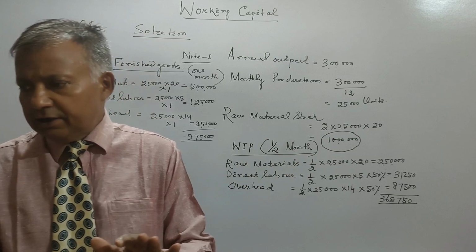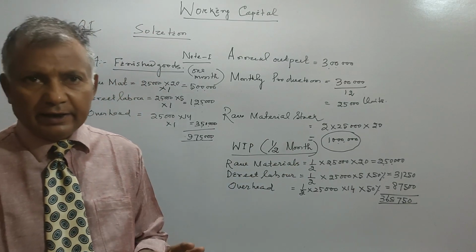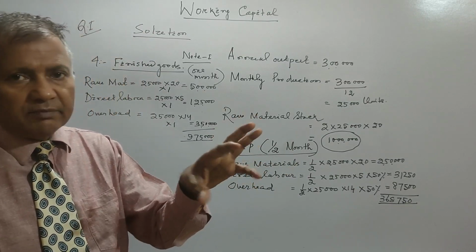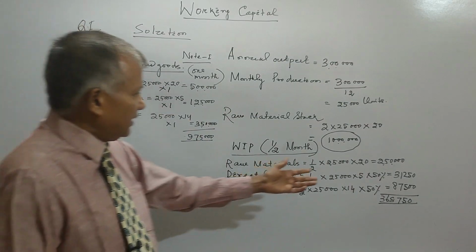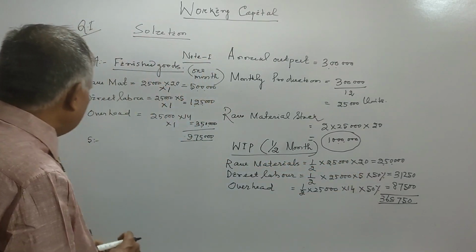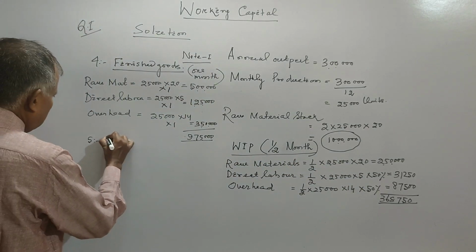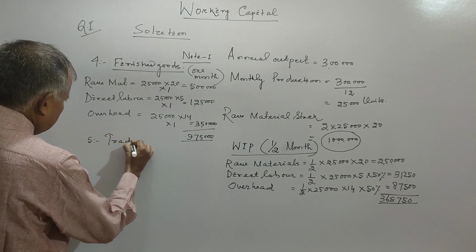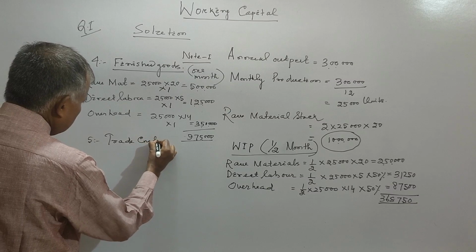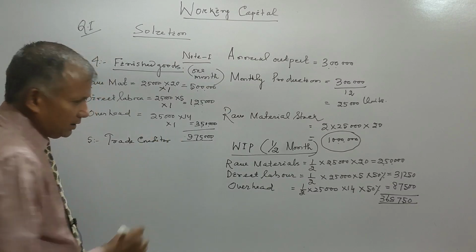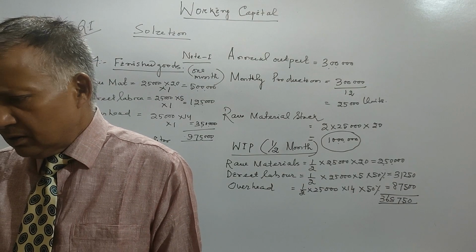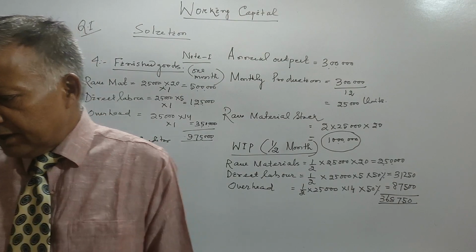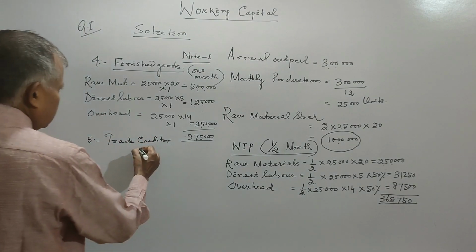So trade creditor is 1 month only, and creditor comes from the purchase of raw material, and raw material is rupees 20 per unit. So trade creditor, they are giving extend a month's credit, 1 month.